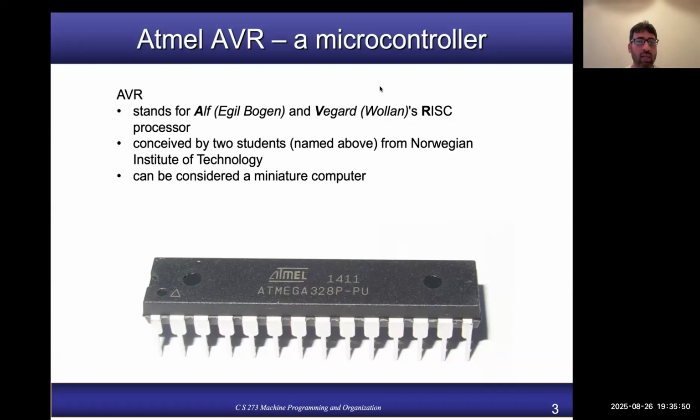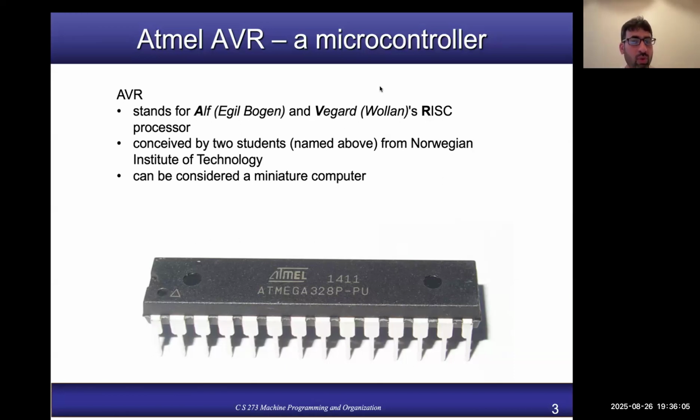And you can consider that this chip is basically a miniature computer. If you remember from the previous lecture, I shared a picture with you with a block level diagram of a microcontroller.